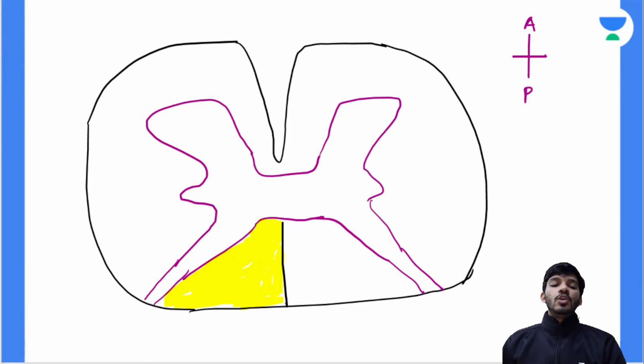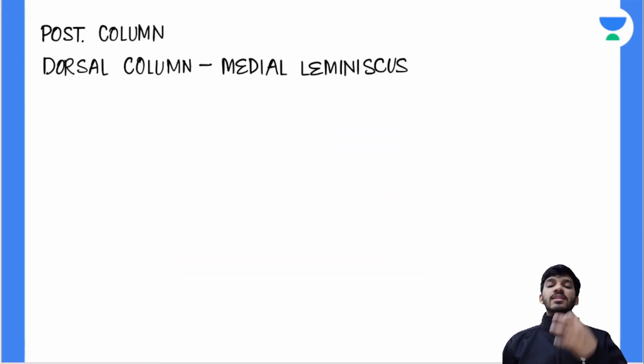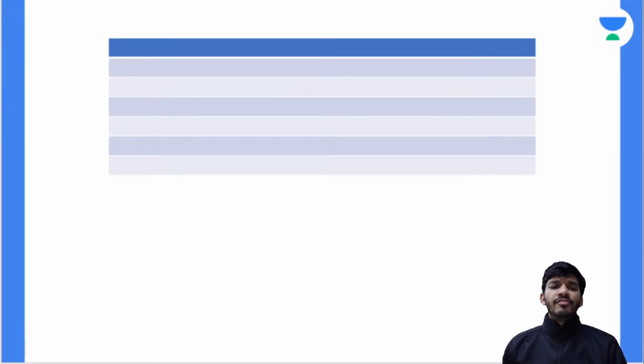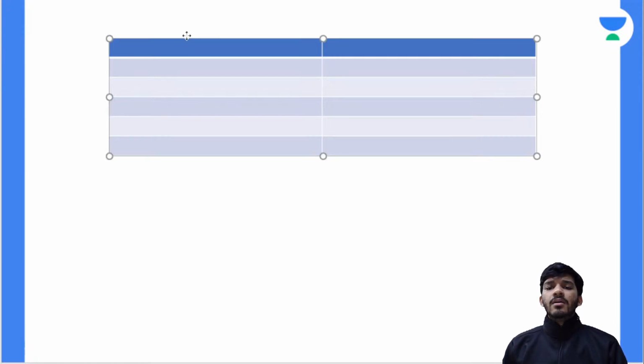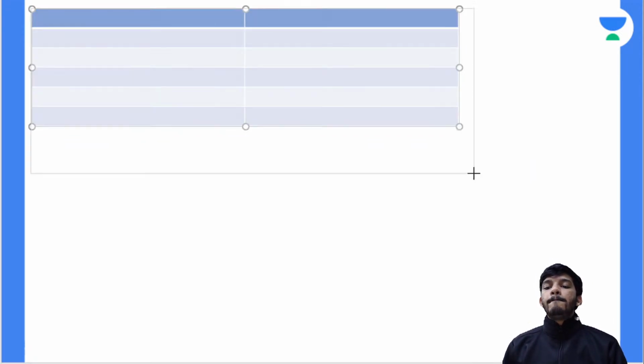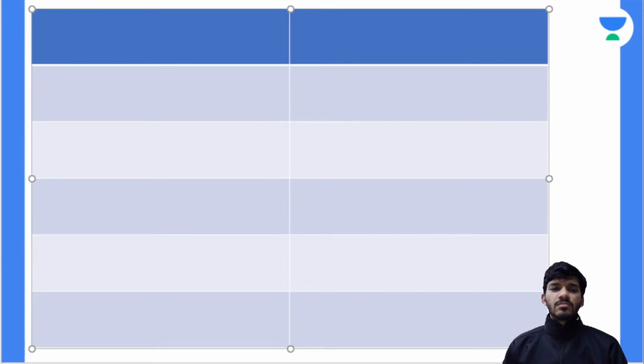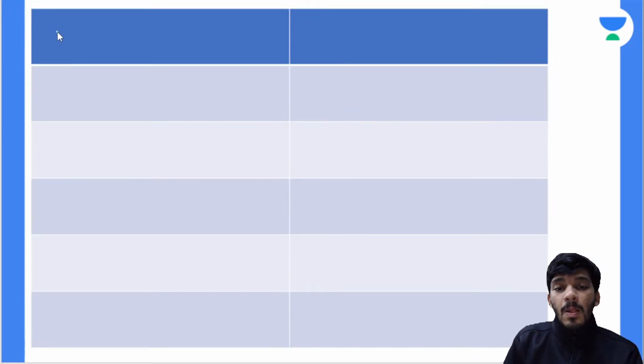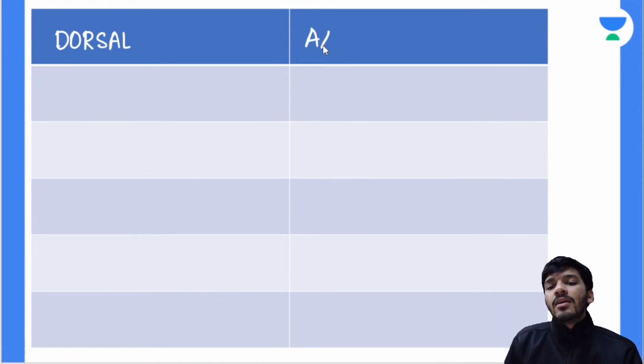In the posterior column, all the fibers here will form the dorsal column pathway. Now the dorsal column pathway is responsible for proprioception. P for posterior column, P for proprioception. Now how I remember it is that you will remember the differences between the dorsal column and the anterolateral column.